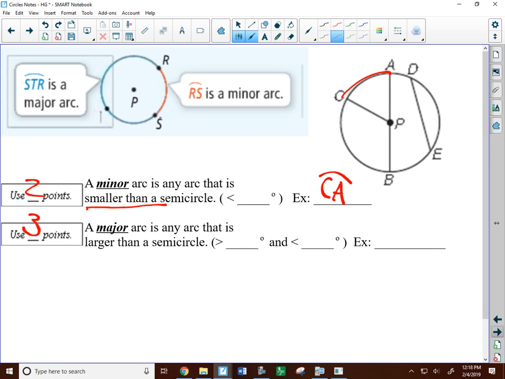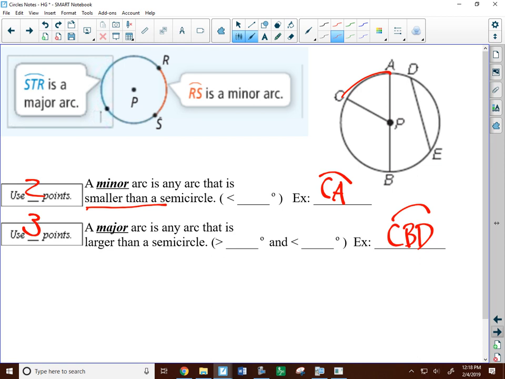Anything bigger than a semicircle is a major arc, and you'll use 3 points. So for example, I'll do CBD. There's a lot of others I could have said, like ABC, ECD, as long as it's bigger than 180. And you can go clockwise or counterclockwise when you're naming these. Doesn't matter.